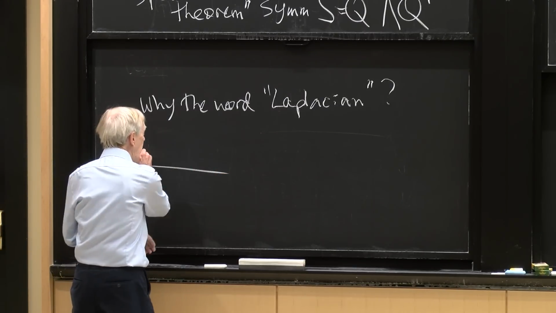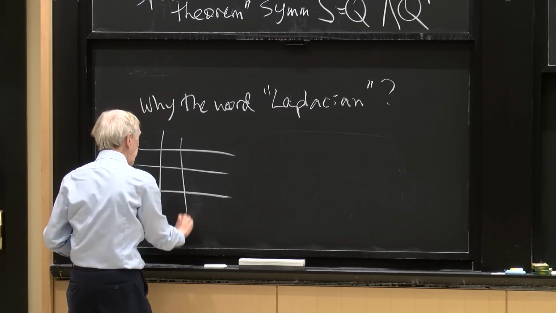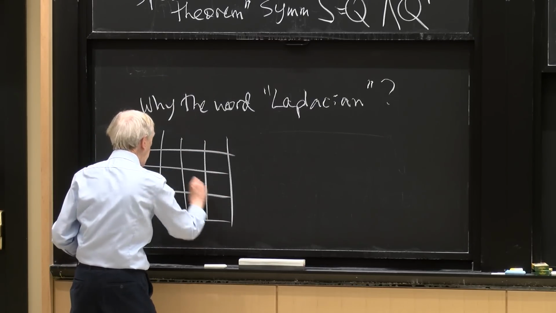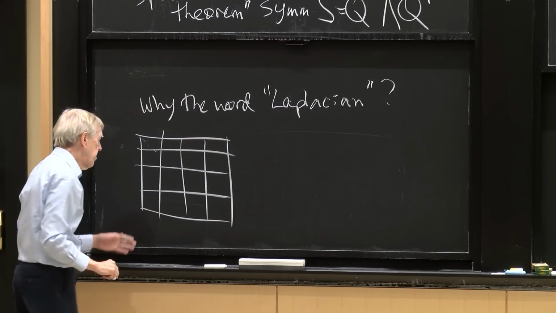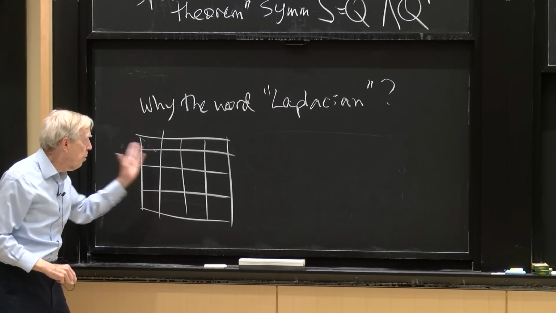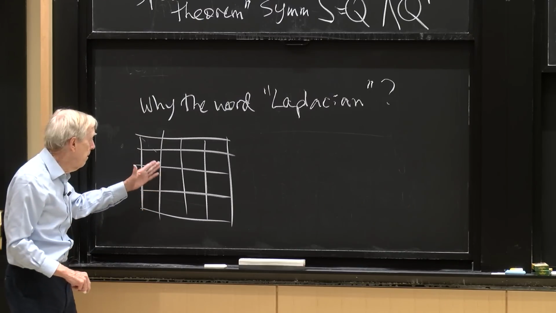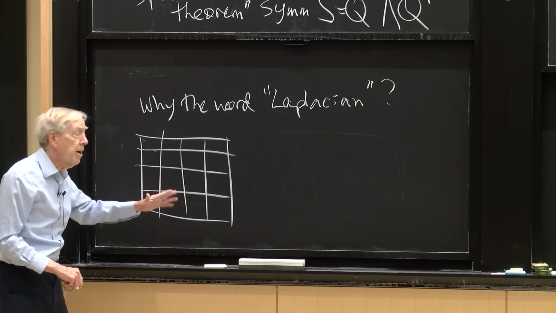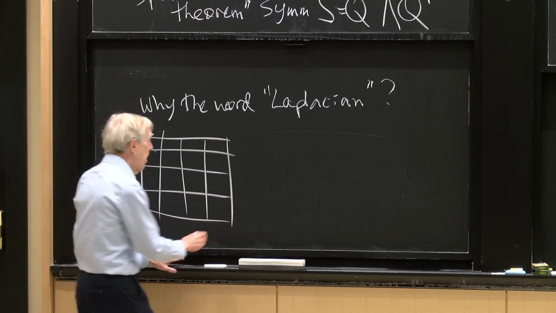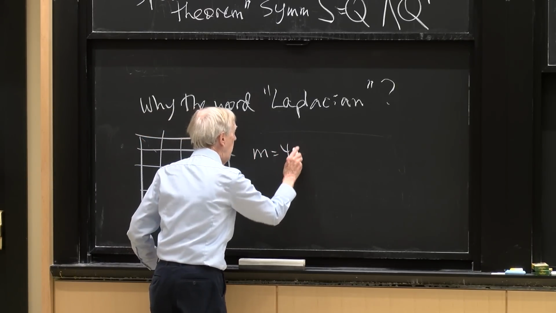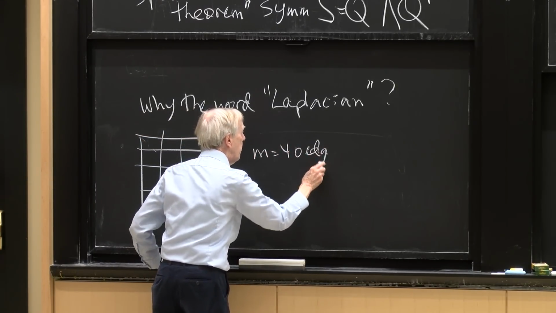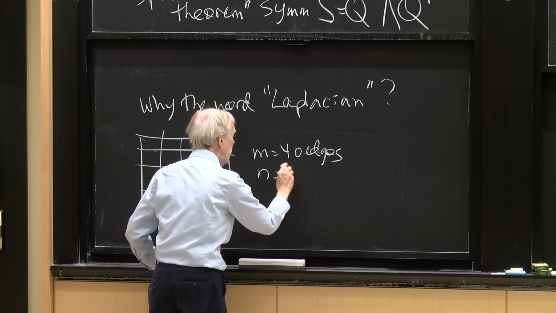Well, if my graph is composed of a grid with 25 nodes, and 4 times 5, 20, about 40, this probably has about 40 edges and 25 nodes.